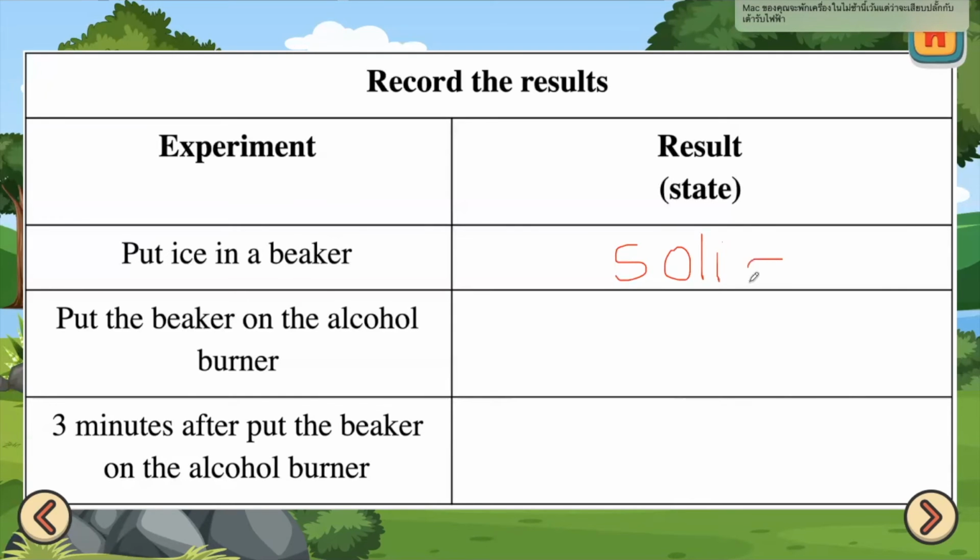Okay. When I put the beaker that contains the ice cube on the alcohol burner, what did you see? The state of matter has changed from solid to liquid, teacher. Okay, great. Liquid.